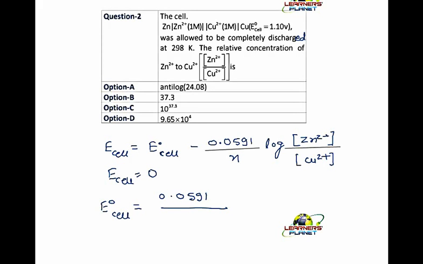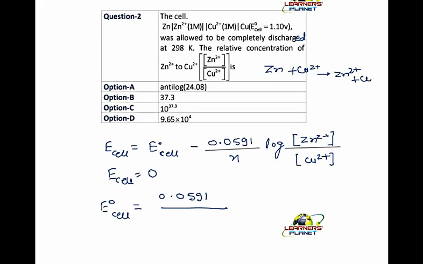Say your zinc is acting as an anode, so zinc plus Cu2 plus ions will be giving Zn2 plus ions plus Cu. Right? So how many electrons have been exchanged over here?